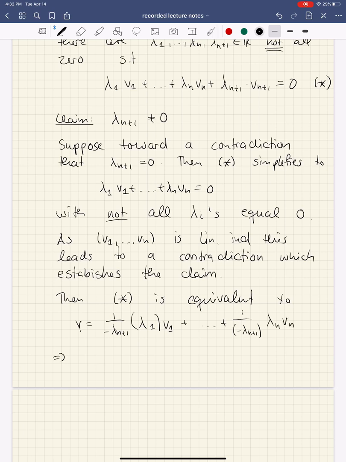And this implies that v_{n+1} is actually in the span of v1 through vn. And this finishes our proof.